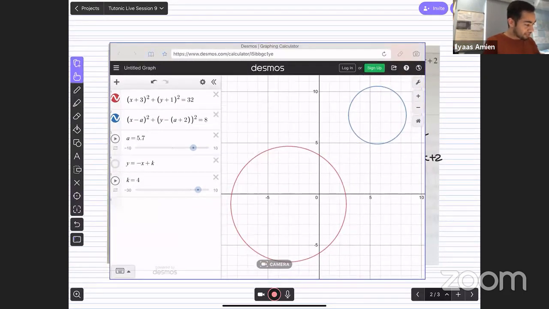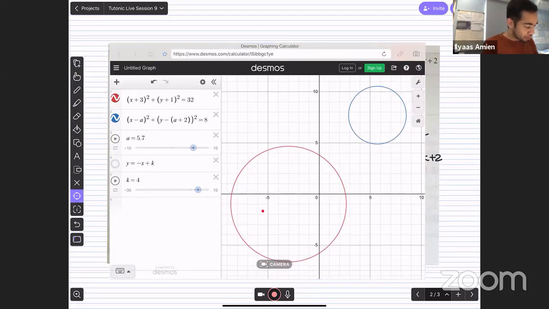Here's the one circle, and we know that this circle has a center of (-3, -1). And there's your small circle, which has a radius of 2√2. You're saying that the center has to lie on the line y equals x plus 2, which means that when we're writing the equation, instead of q, you can just say a plus 2, x plus 2. I just made a the x value. So when you change the value of a, look what happens to the circle.